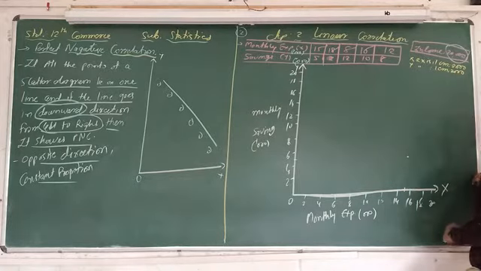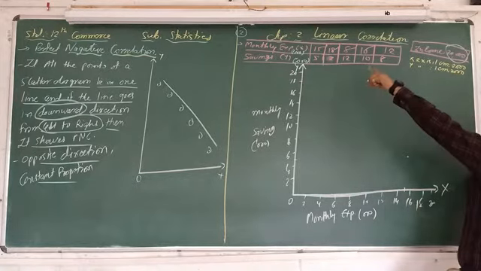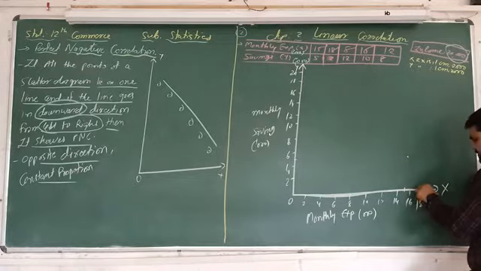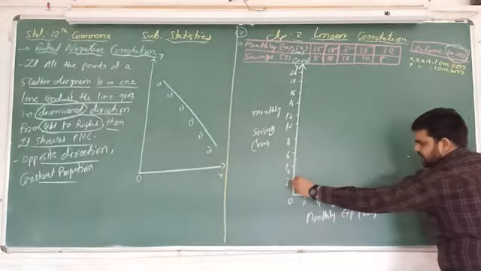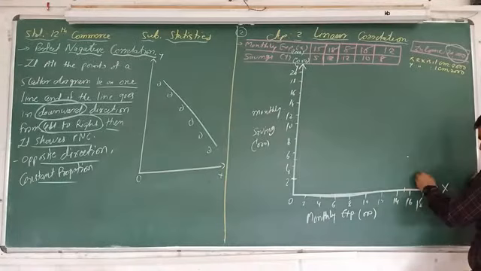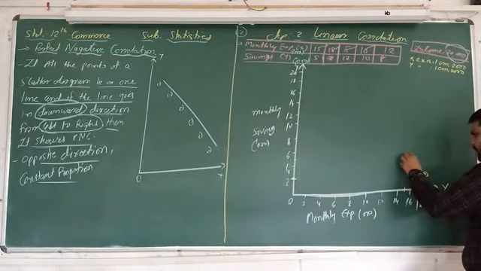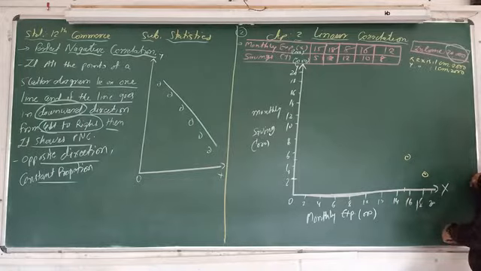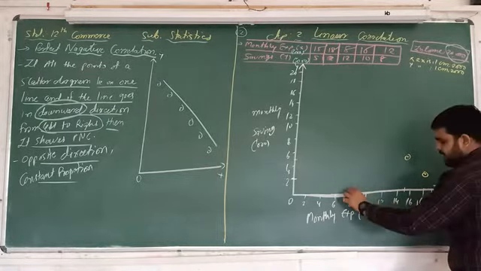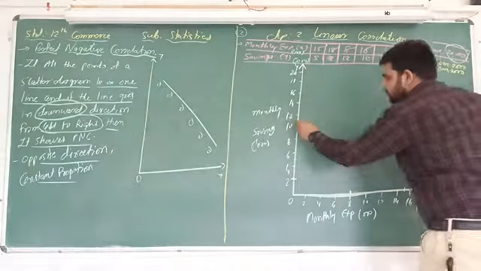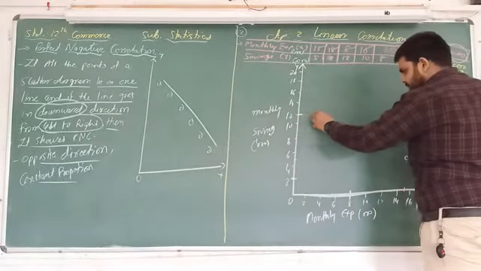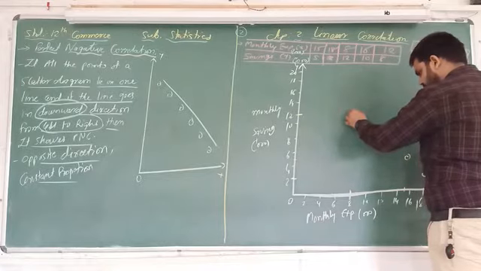Next, 18,000 expense, 2,000 saving. So this point should be here. Number 3, 8,000 expense, 12,000 saving, so the third point should be here.